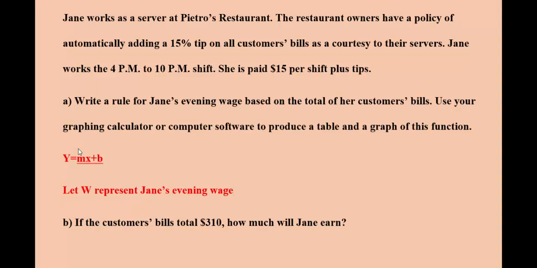So her wage depends on how much tip she gets because she gets a constant $15 wage per shift. So her evening wage, the total wage, depends on how much tip she gets, and the tip is 15% of customers' bills. So what changes here is customers' bills.